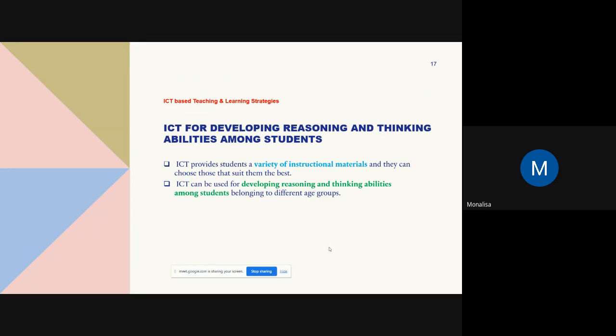That means ICT can be used for developing reasoning and thinking abilities among students belonging to different age groups also. And this is important in the present context, as most educational institutions do not pay attention to the development of reasoning and thinking abilities among the students. So ICT can be used for developing reasoning and thinking capability among the students.